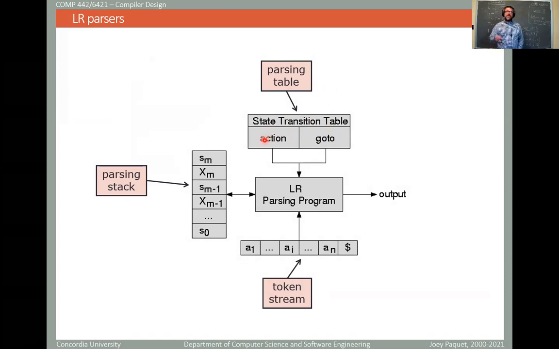In the action part, that's where you decide whether to shift or reduce. The go-to part, as we will see later, makes you decide to which other state you go after you have applied a reduce operation, depending on where you were before you started going forward in this particular right-hand side.